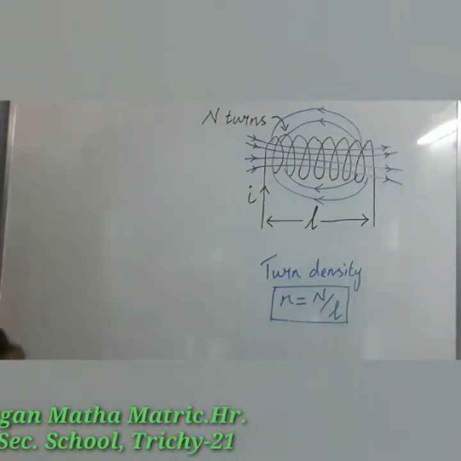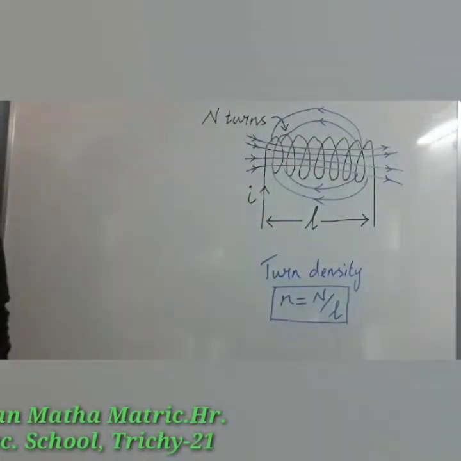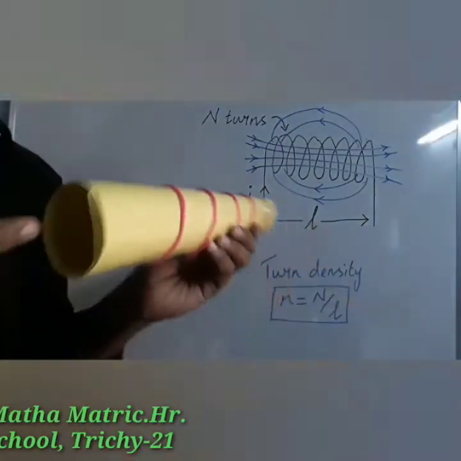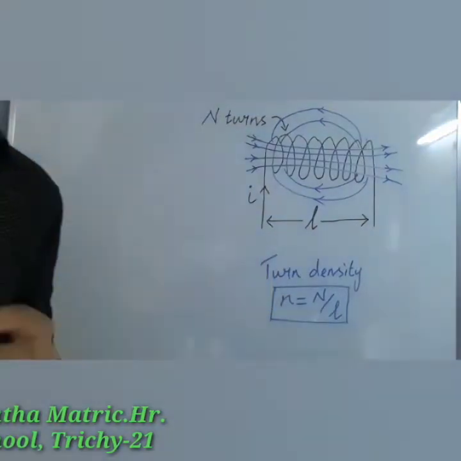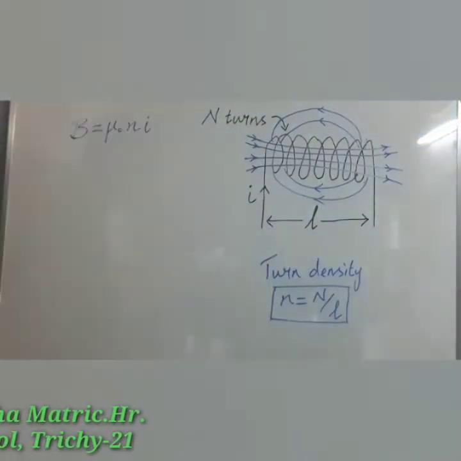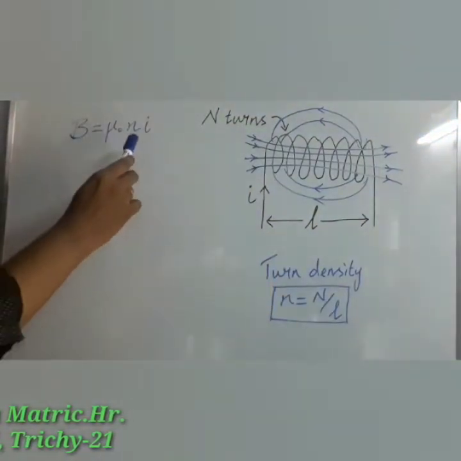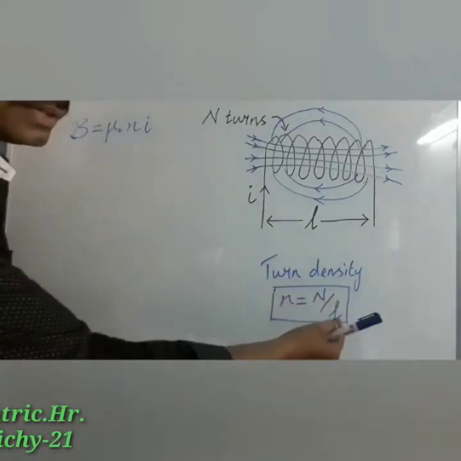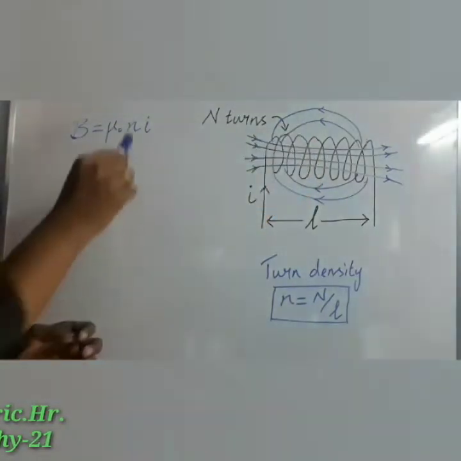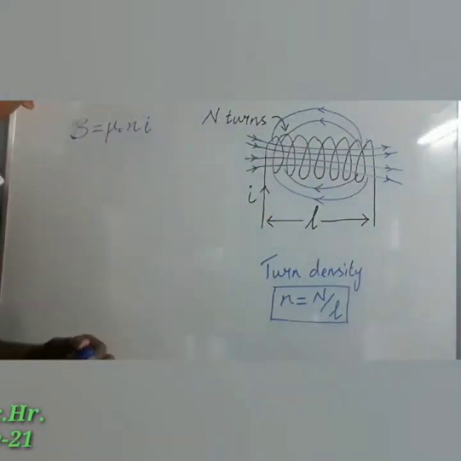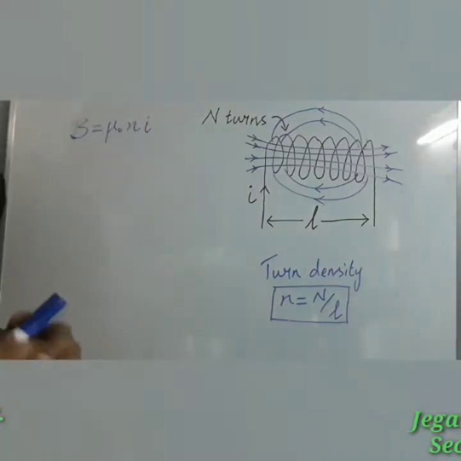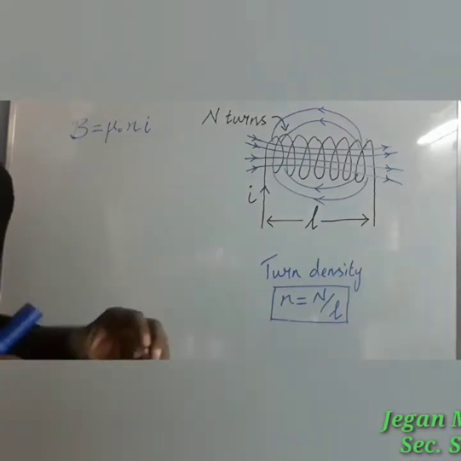The magnetic field at any point inside the solenoid is given by B = mu naught n I. Remember, n is the turn density, the number of turns per unit length for the given solenoid, and I is the current passing through the solenoid that produces the magnetic field. This expression we have already learned in chapter 3, magnetic field produced by a current carrying solenoid.